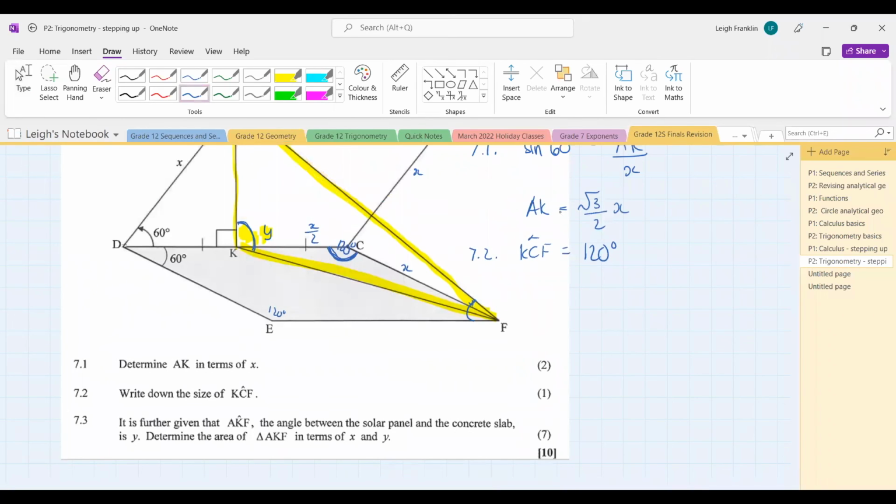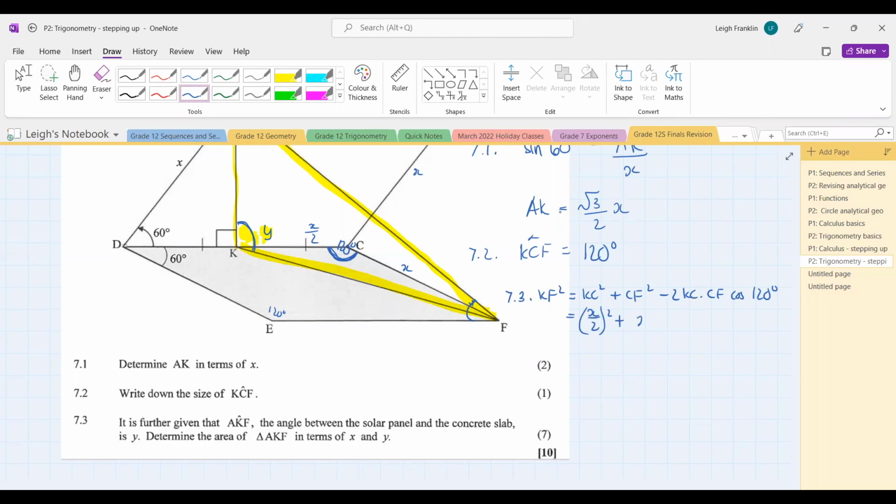So what we would do is we would end up using the cosine rule, right? So what we would have is KF squared is equal to KC squared plus CF squared minus 2 KC CF cos 120. So KC is X over 2 squared.